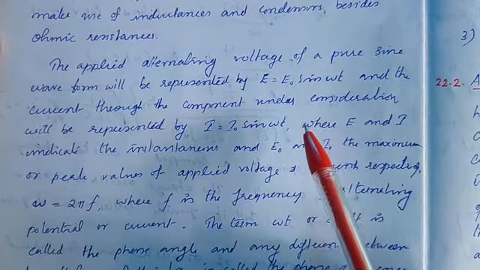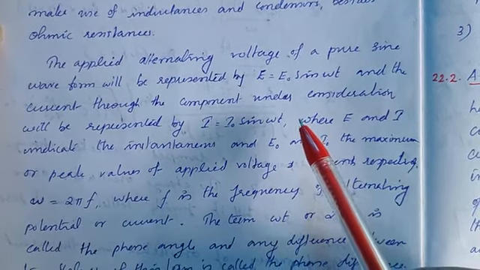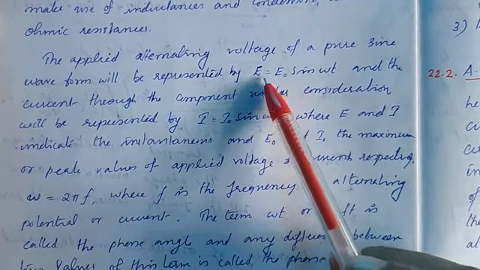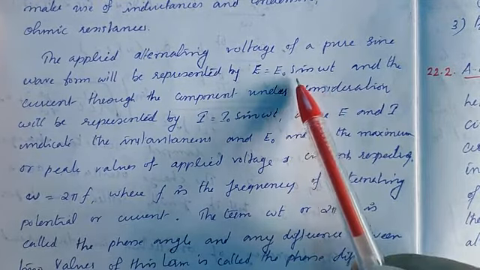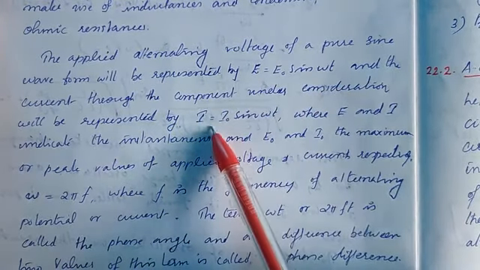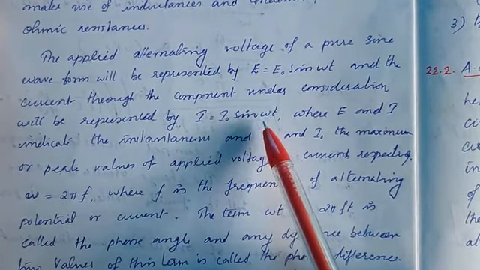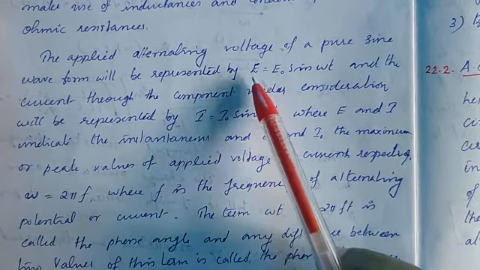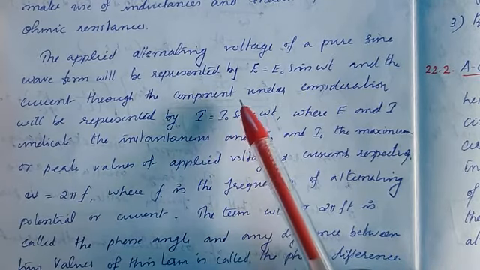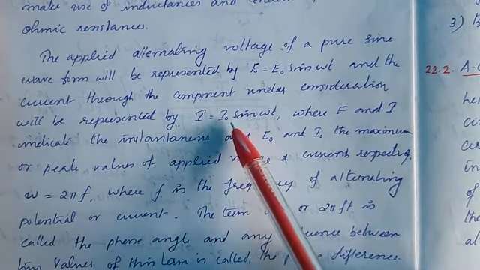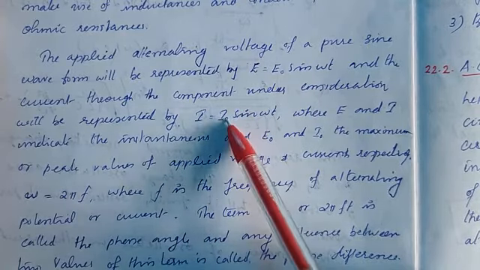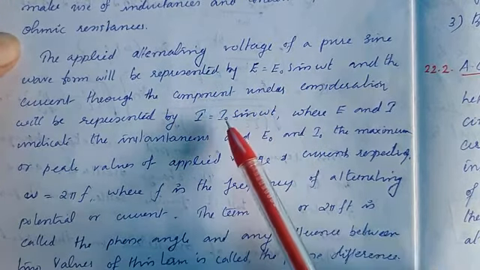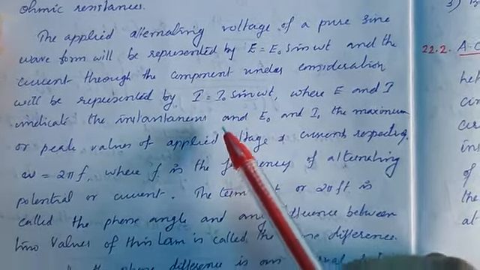So since the currents and EMFs are changing in AC circuits, the EMF is represented by the equation E equals E0 sine omega t, and the current is represented by I equals I0 sine omega t, where E and I are the instantaneous EMF and current in the circuit, and E0 and I0 are the maxima or peak values of EMF and current respectively.